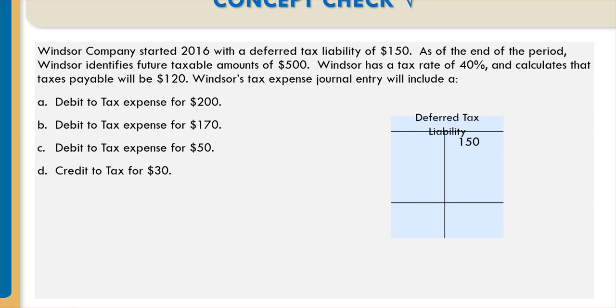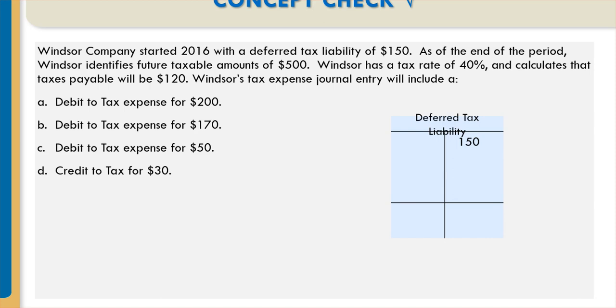Now, here we start with a deferred tax liability of 150. What does that tell you? It says that something happened probably 2015 or even before 2015. Really do not know that caused us to have a deferred tax liability on our books when we started this period of time. It says started 2016 with this deferred tax liability.